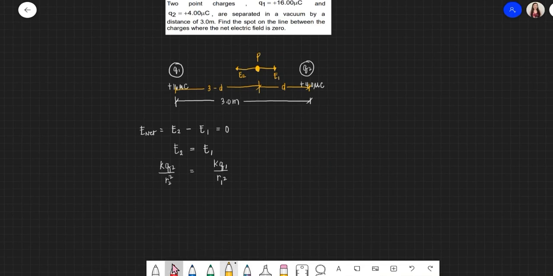We can cancel out K, and then Q sub 2 is 4 times 10 to the negative 6 coulombs, and the distance to the point P is D squared. Q1 is 16 times 10 to the negative 6 coulombs, and the distance to point P is 3 minus D squared.